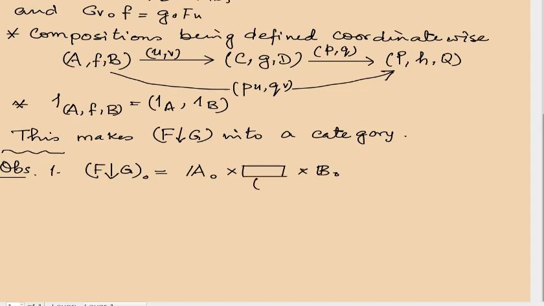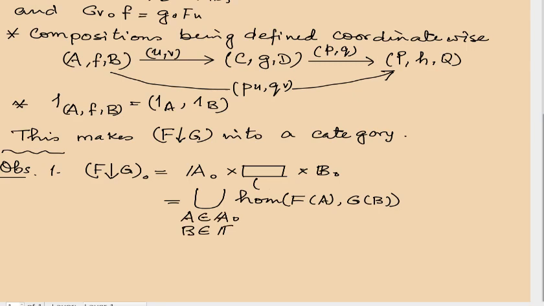And what is this? Each one such is given by a morphism from FA to GB as you take. So this is actually equal to the union over A in A naught. Okay. So that's mine.